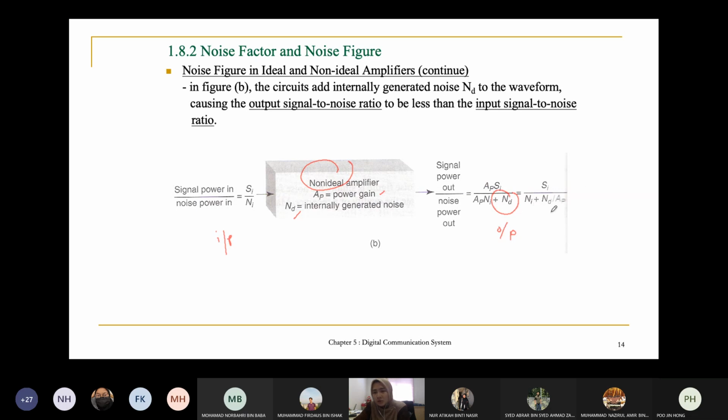Now you will get the signal to noise ratio at the output equal to this. And you can see that the input for a non-ideal amplifier is not equal to the output. So that is the difference between ideal amplifier and non-ideal amplifier.